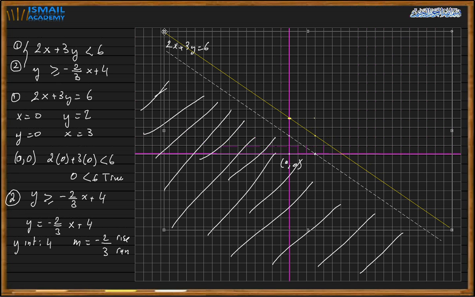So let's see what is the shaded region. So we have the constraint. So this means this is the area, so I need to shade this.